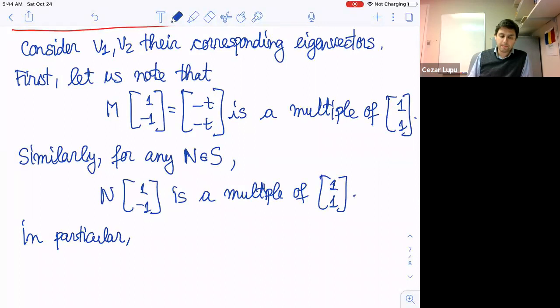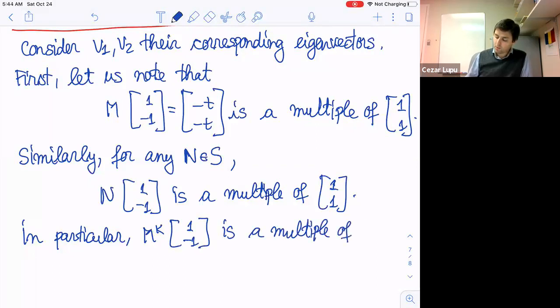In particular, if we raise M to the k, since I know that M to the k is in S, M to the k times 1, -1 is a multiple of 1, 1.